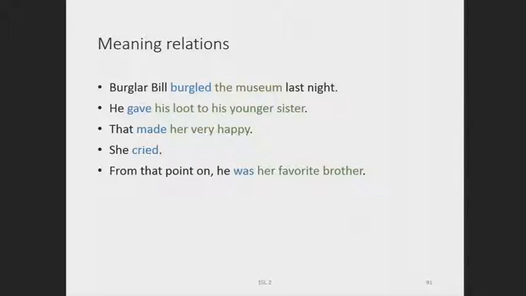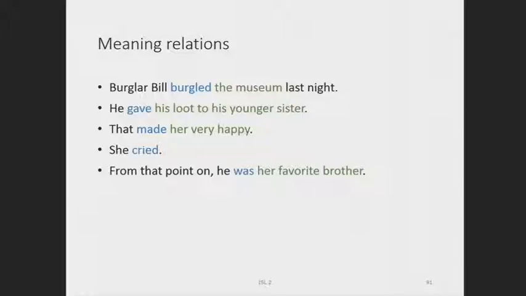For the second one, we have he gave, and then his loot, and then to his younger sister. Then we have that made her very happy. She cried, and then from that point on, he was her favorite brother.